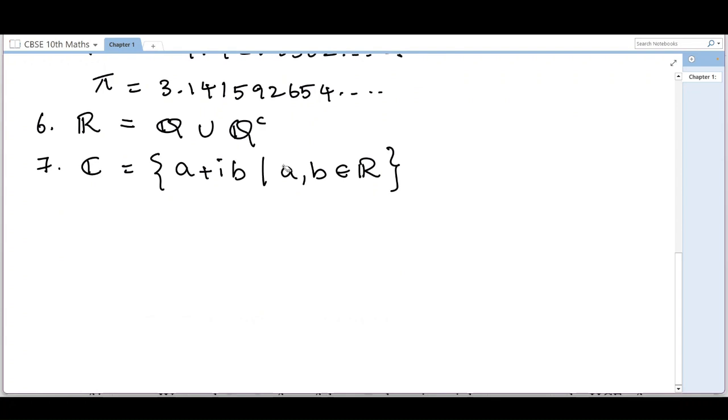Therefore, set of real numbers can be simply written as the union of rationals and irrational numbers. The last one is set of complex numbers, which consist of the numbers of the form a plus ib, where a and b are real numbers. Here a is considered to be the real part and b is considered to be the imaginary part. We are not going to discuss that in detail.